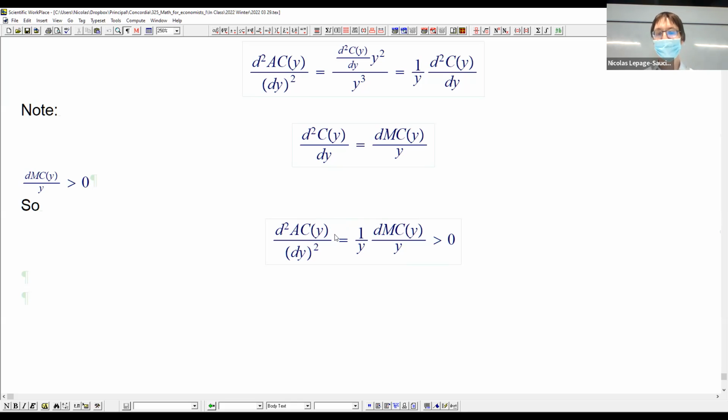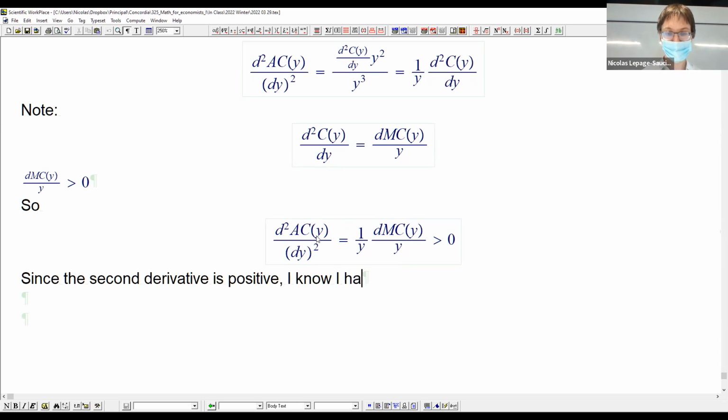And so do I have a maximum or a minimum, if the second derivative is positive? Yes, since the second derivative is positive, we know we have a minimum, right?